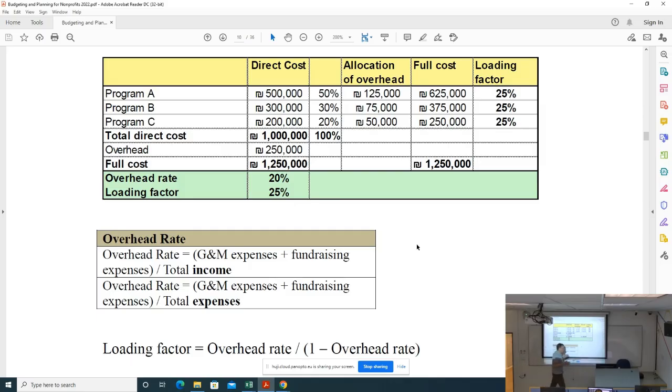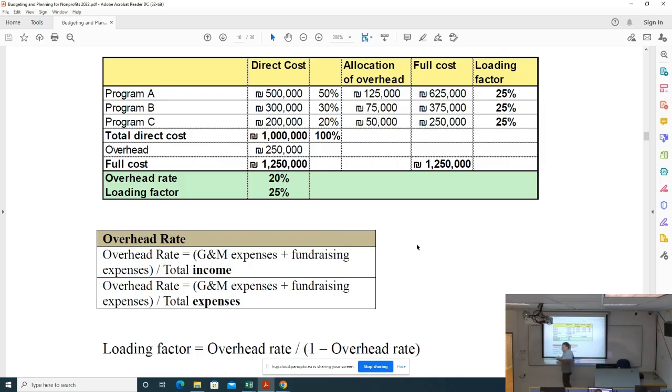Now, where did the 25% come from? So again, this is also easy to see. If you look at the overhead and you compare it to the total direct cost, you can see that 250,000 is exactly 25% of 1 million. All right?